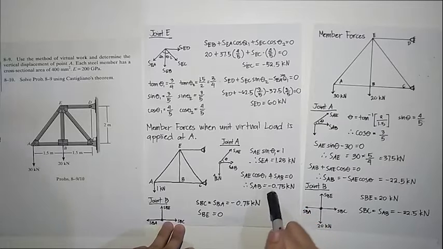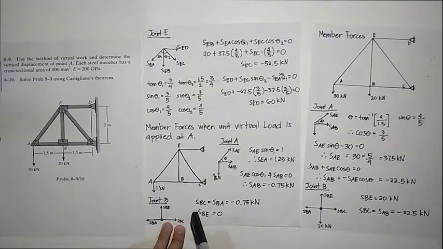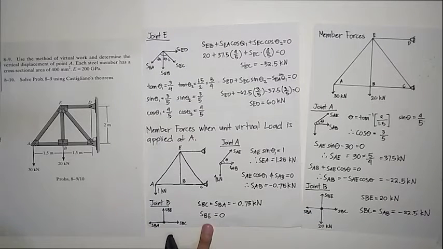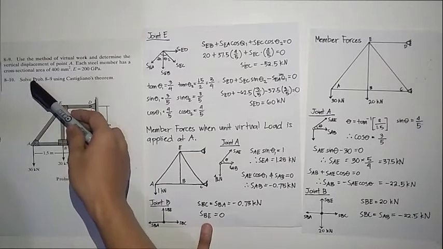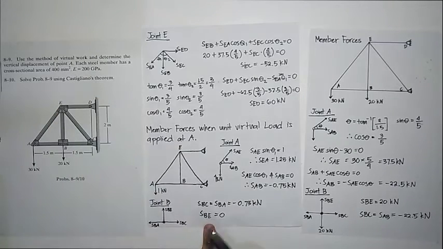So, ngayon, sa joint B na naman tayo. Sa joint B, kanina po, may force na paakyat at cross po. Pero ngayon, wala na po siyang force na pababa kasi ang hinahanap po lamang ay ang vertical displacement at point A. Kaya ang solution na lang po sa paghahanap ng SBC ay SBC is equals to SBA.